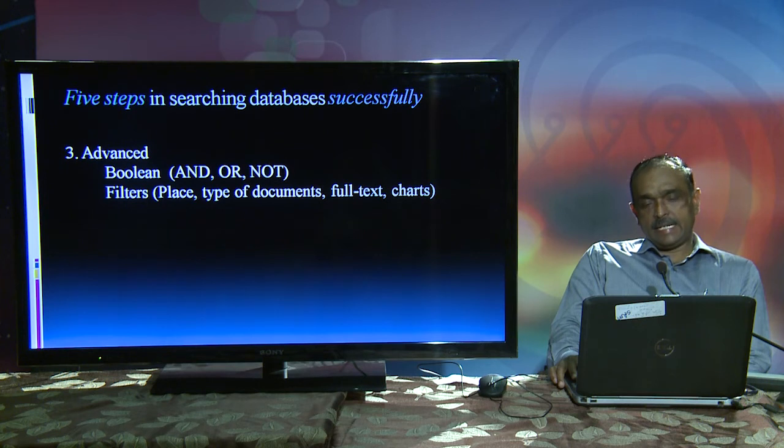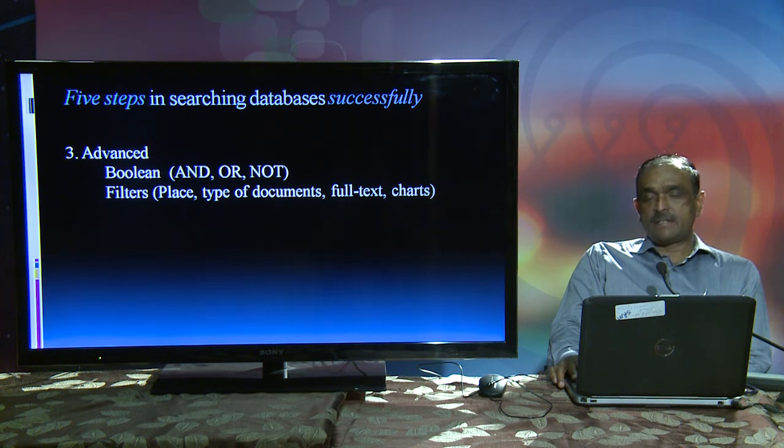Very similar to that, you can select the type of documents, for example, whether you are retrieving a research article, whether you are interested in finding an electronic book, whether you are interested in finding a review article. So what type of documents you want to filter out from the retrieved list is possible with the help of filters made available by the databases. Filters such as full text will enable you to find only full text.